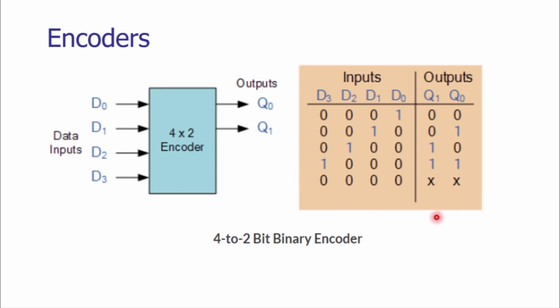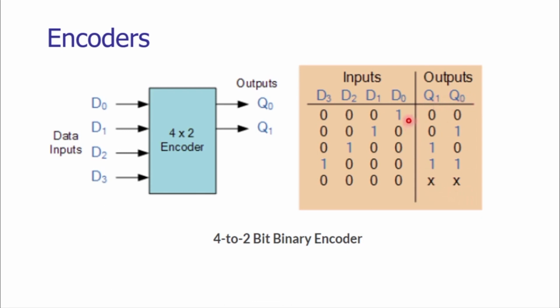We have to use the logic operations to get the required output. A truth table is there on your screen. So we have an arrangement where D0, D1, D2 and D3 are written from right to left, and Q0 and Q1 outputs are written from right to left.